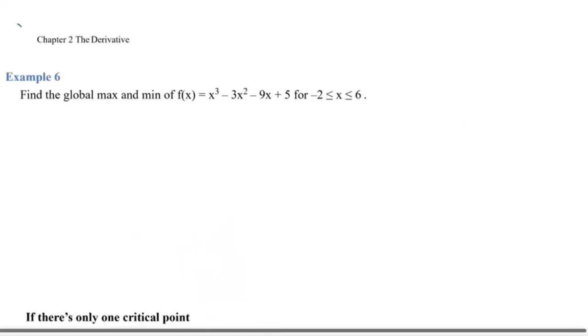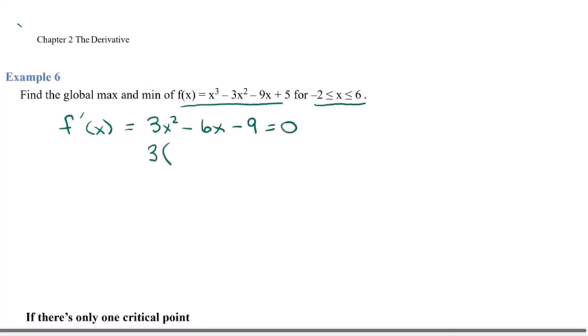Okay, so here we are at example 6, and it says find the global max and min of this function between these two endpoints. So what do we do? Well, first, we take the first derivative and we find our critical values. We get 3x squared minus 6x minus 9. We remember we have to set this equal to 0. First, we're factoring out our 3.